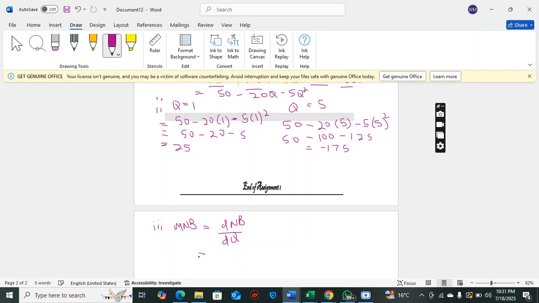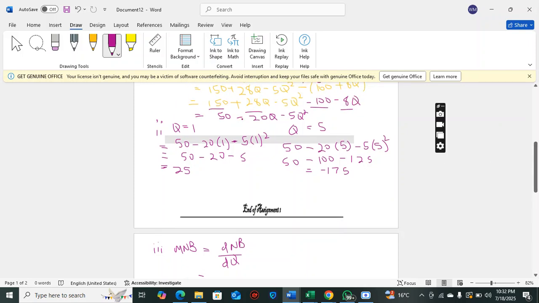The net benefit equation was 50 plus 20Q minus 5Q squared. It is a plus because 28 minus 8 is 20.